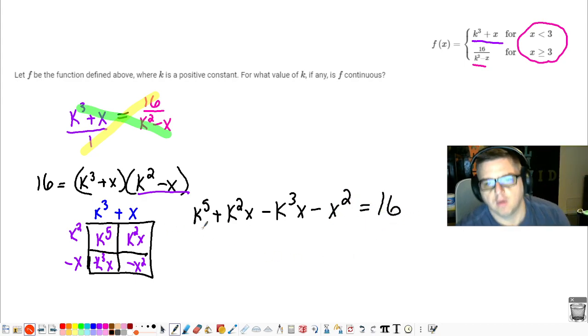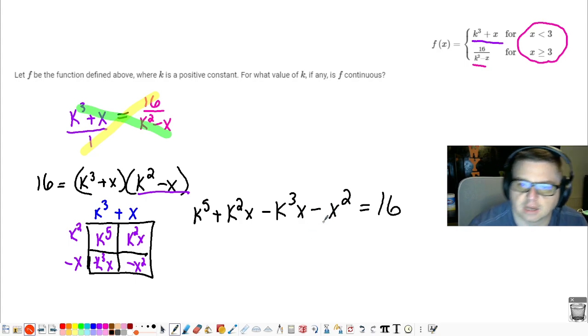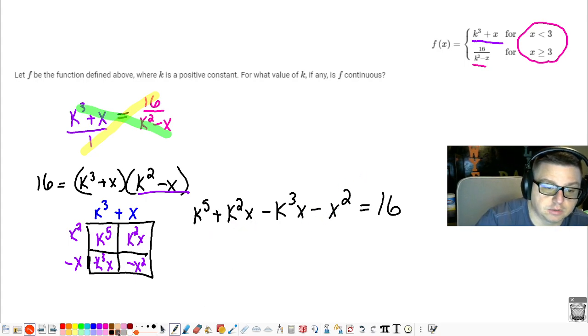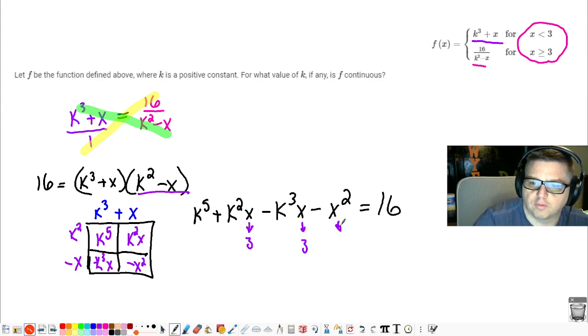What we definitely want to do is get rid of the x's, because now we have two variables and we only want one variable. So let's plug in our 3 value for that x.